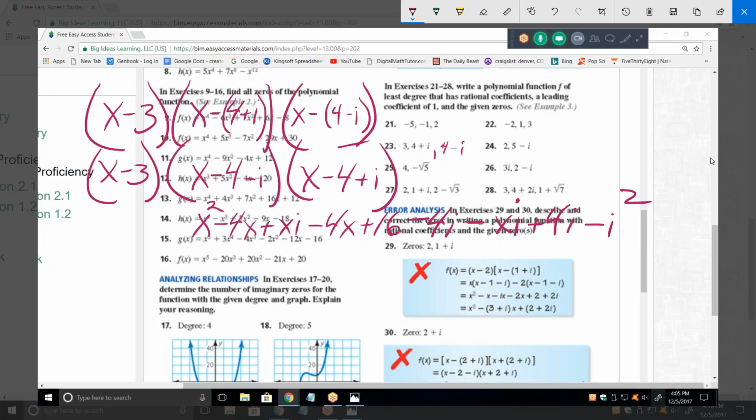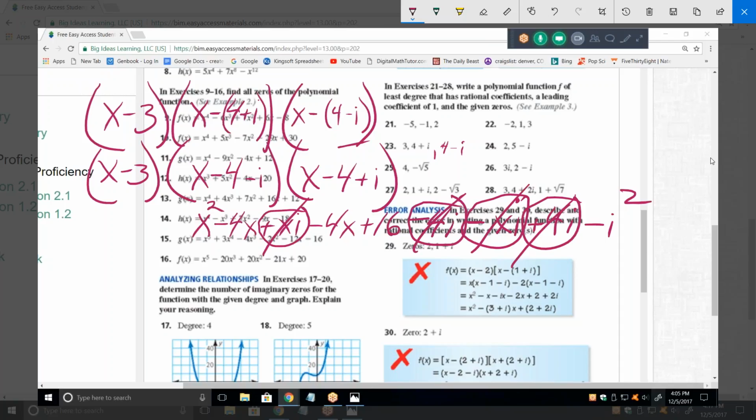Now, let's simplify this. Let's see if all of our i's cancel. We got one of those. Is there anything else that looks like that? Yes. Right there. Those cancel. I got a minus 4i. I got a plus 4i. That cancels.